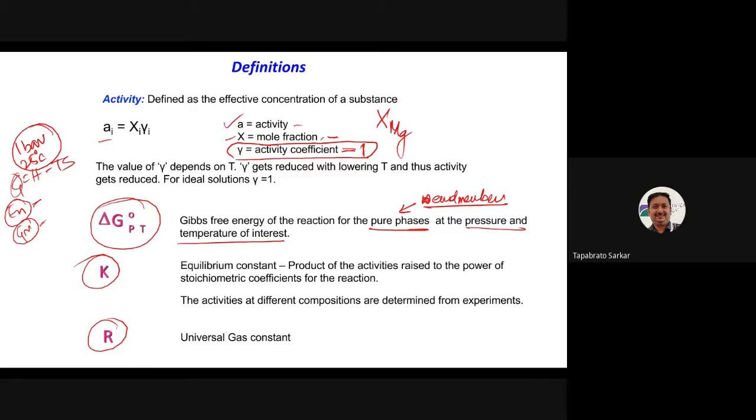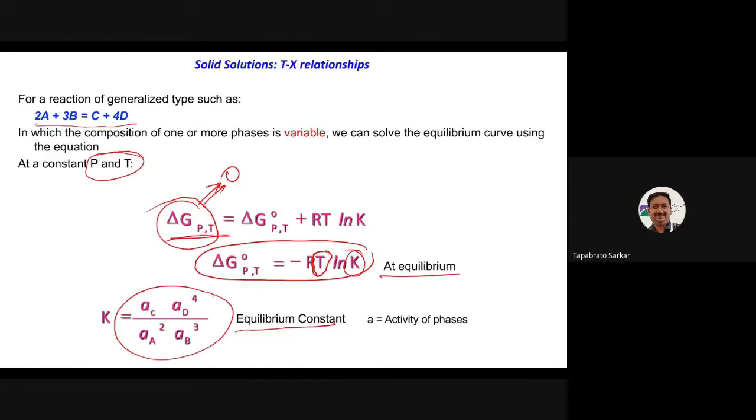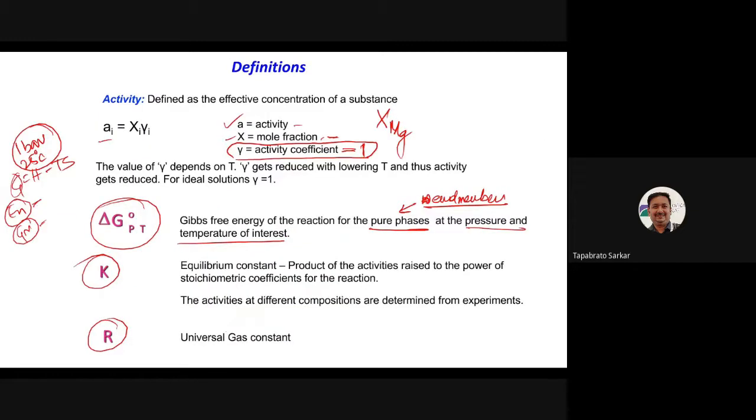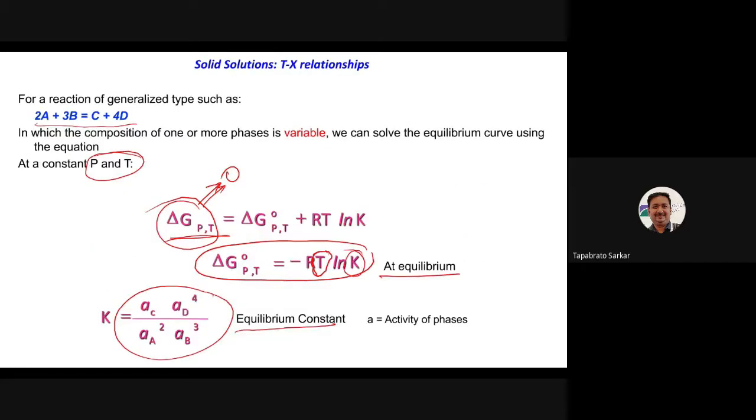So what I tried to mean from here is that this K value can be found from the activity. How do we write this activity?